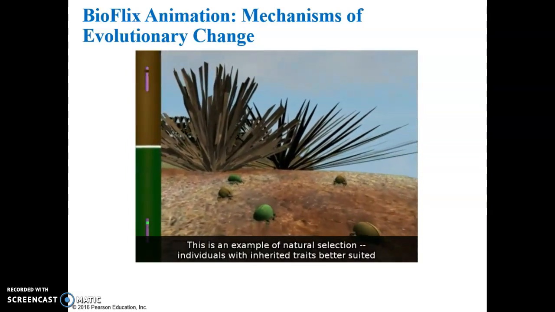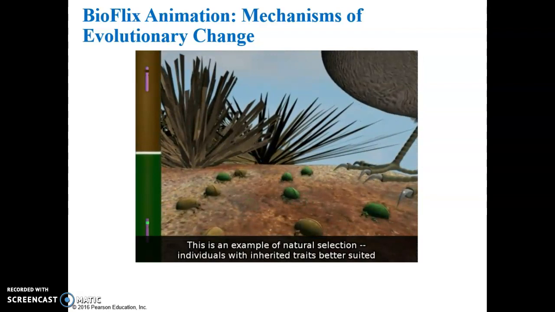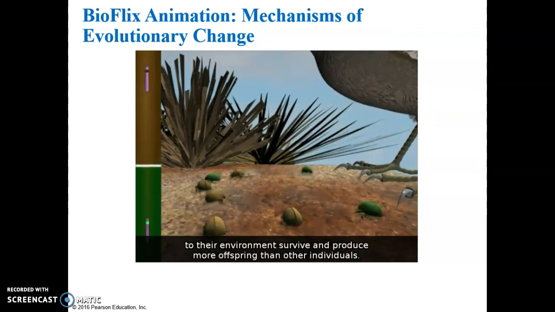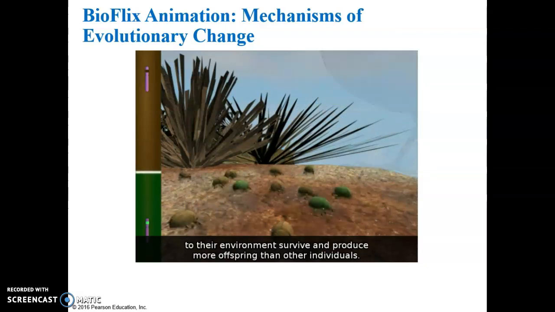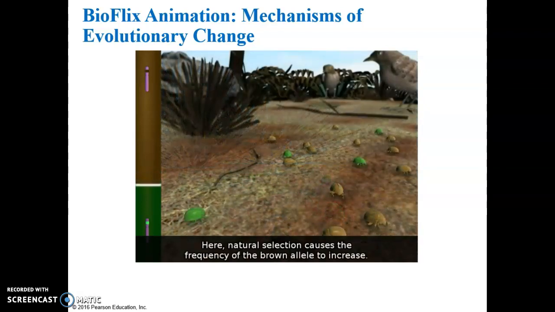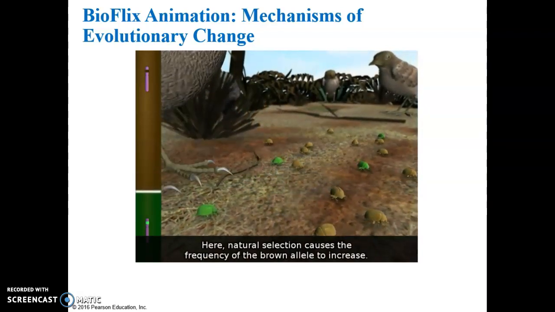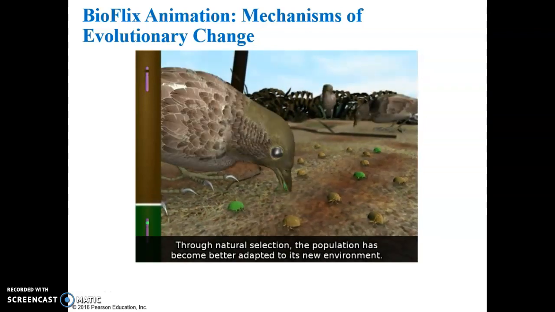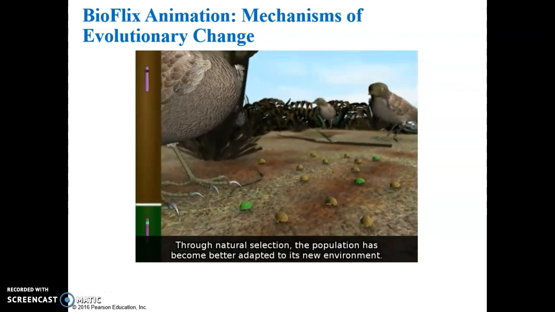This is an example of natural selection. Individuals with inherited traits better suited to their environment survive and produce more offspring than other individuals. Here, natural selection causes the frequency of the brown allele to increase. Through natural selection, The population has become better adapted to its new environment.